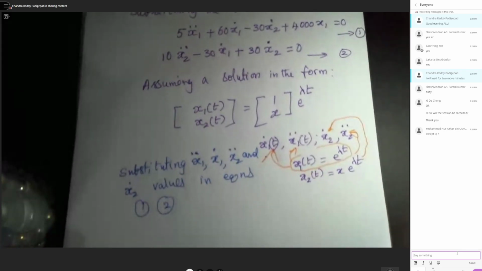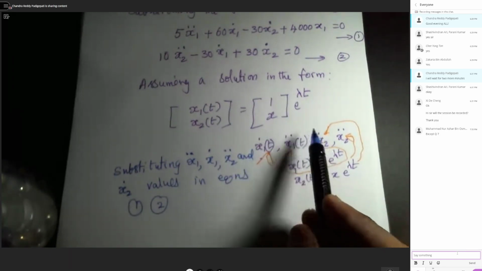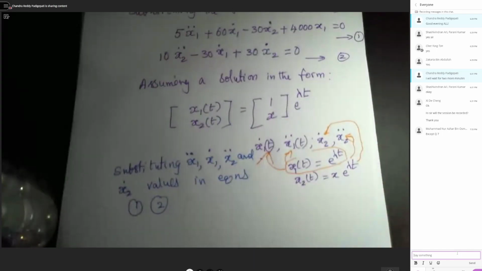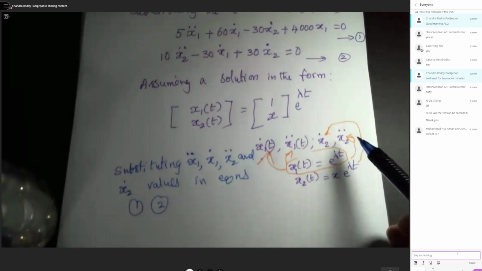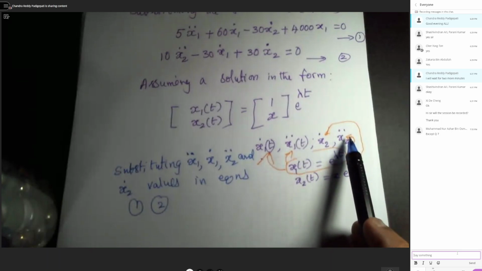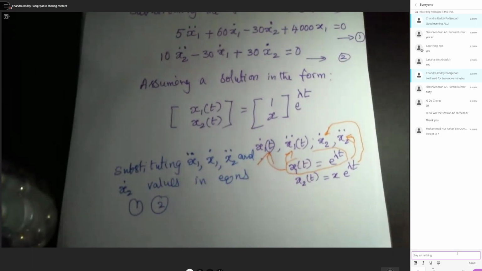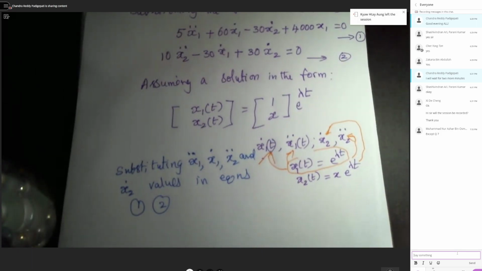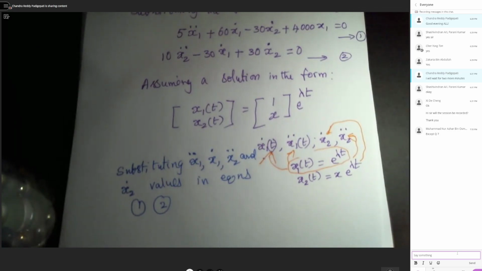You need to substitute whatever values you get for x1 dot and x1 double dot into these two equations and simplify. You need to show in your assignment how you calculate x1 dot, x1 double dot, x2 dot, x2 double dot, then substitute the values and simplify. I give you the simplified values only, but you need to show all the steps.